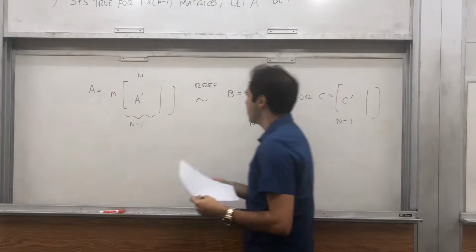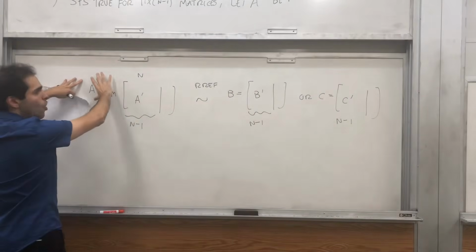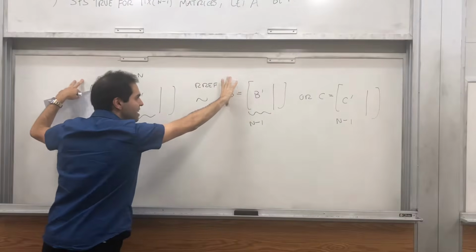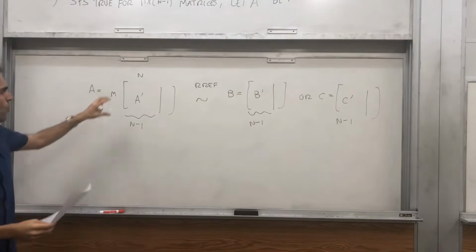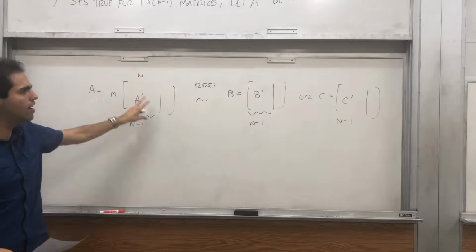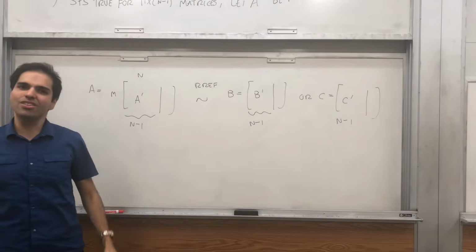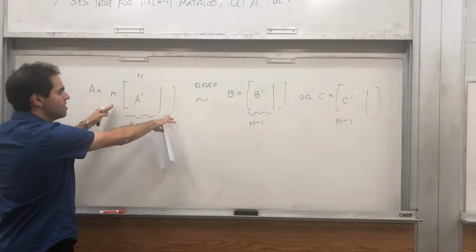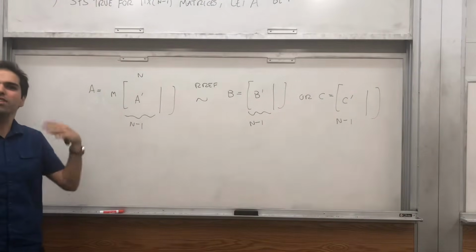Now, if we row reduce A to get the reduced row echelon form B, the same process works to row reduce A prime to get a reduced row echelon form B prime. Because essentially what you're doing with the bigger matrix is just more work.